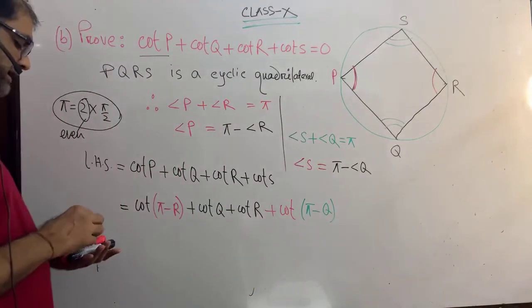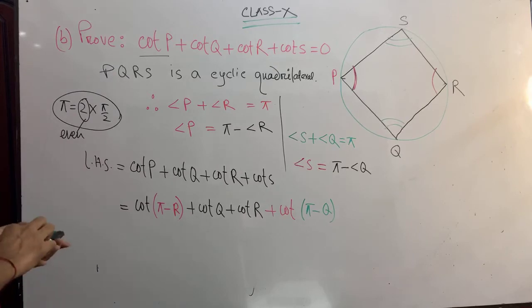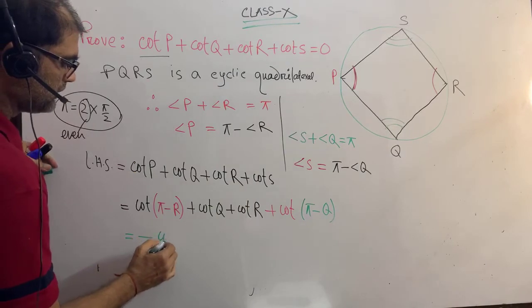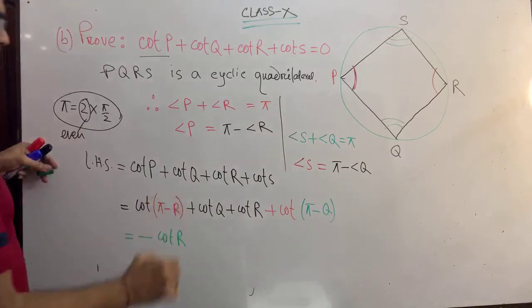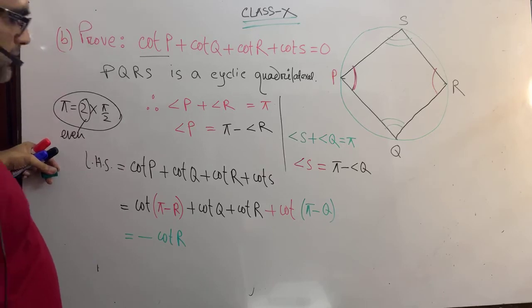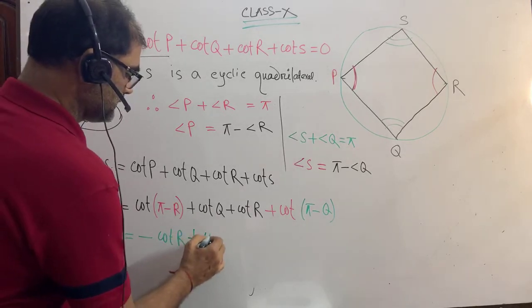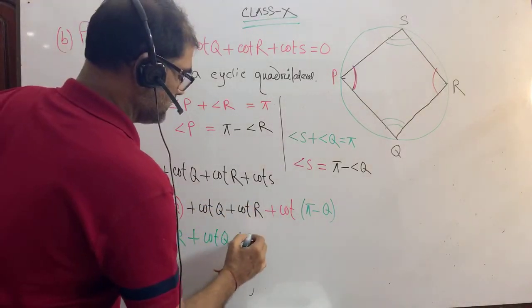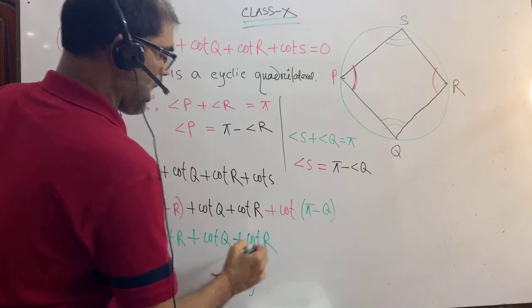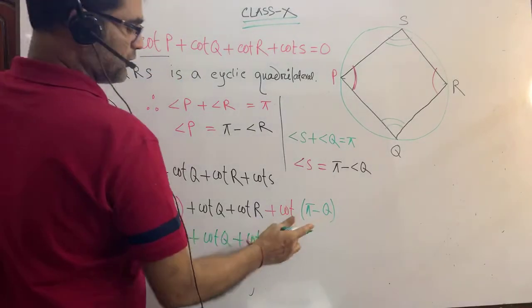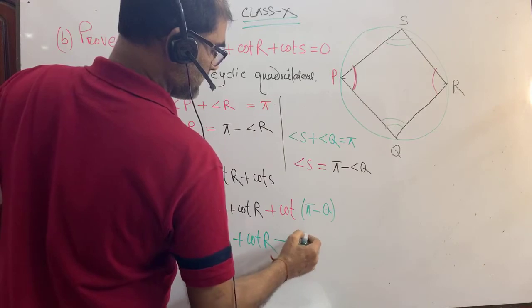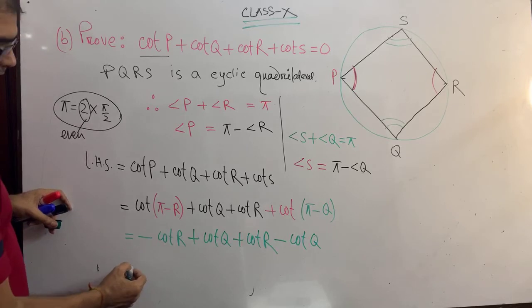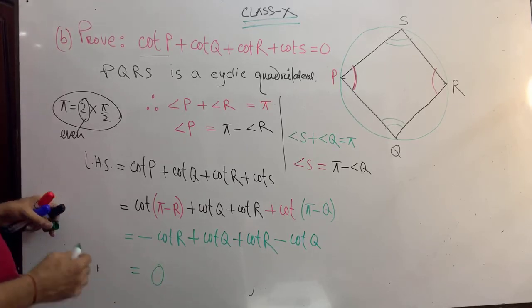So we can write here minus cot R plus cot Q plus cot R, and in the second quadrant minus cot Q, which is equal to 0.